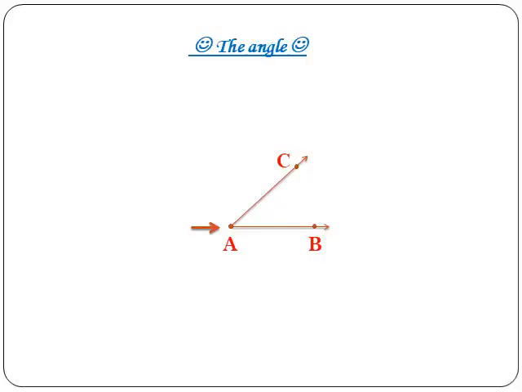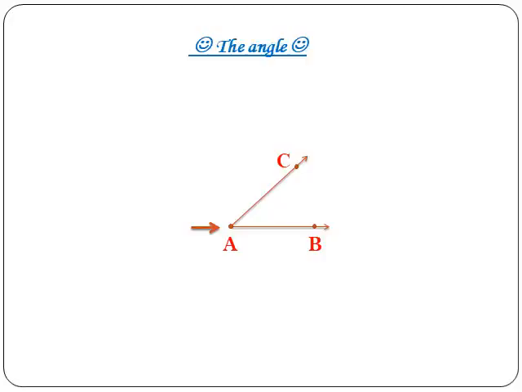Again, what is the meaning of angle? It is the union of two rays having the same starting point. Repeat after me. It's the union of two rays having the same starting point.